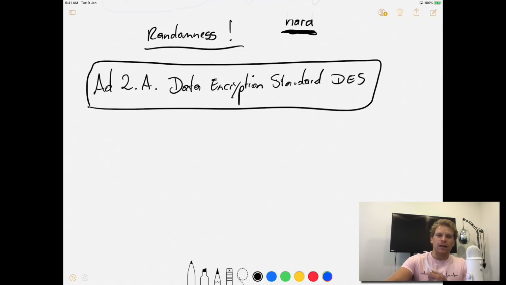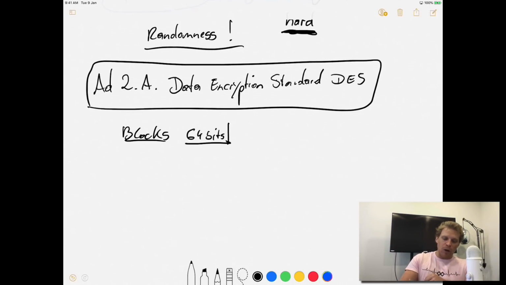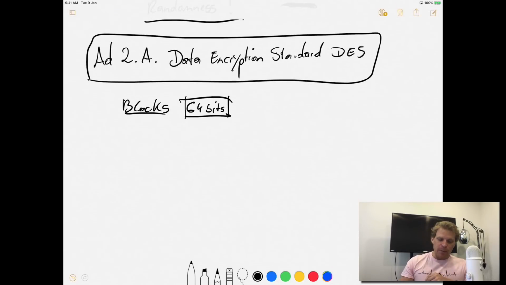Obviously, it's not used anymore. But basically, what it does, instead of encrypting every single bit, you encrypt, just like the name says, blocks. And in the case of the DES, you encrypt 64 bits worth of blocks. And this is what you're encrypting there. This entire thing has been proposed in 1974 by the IBM.